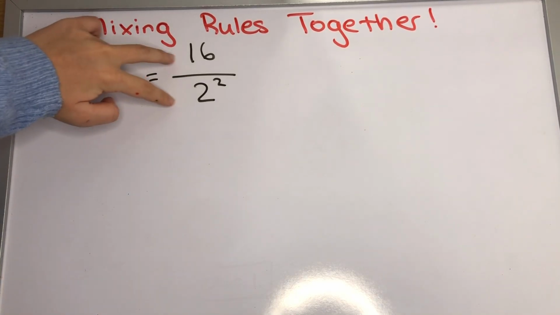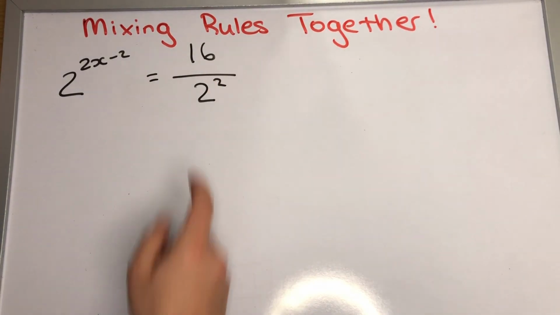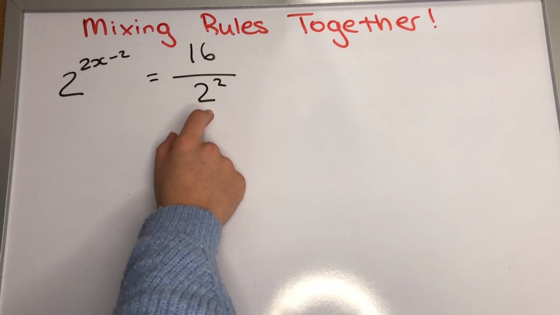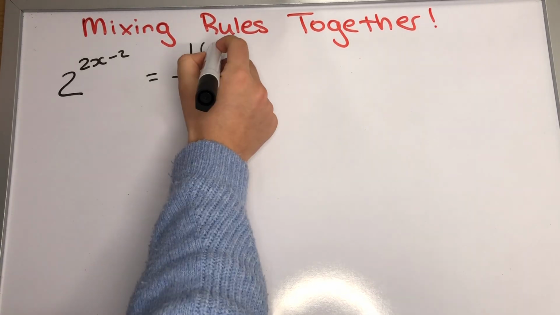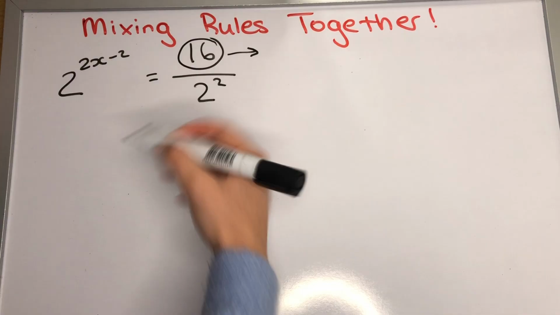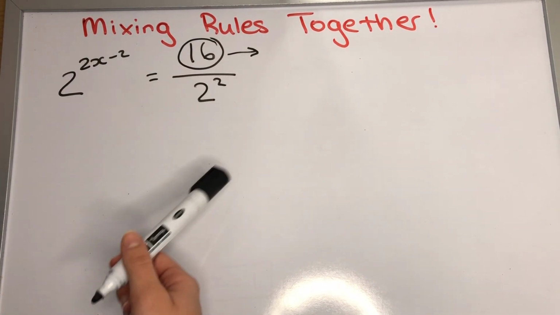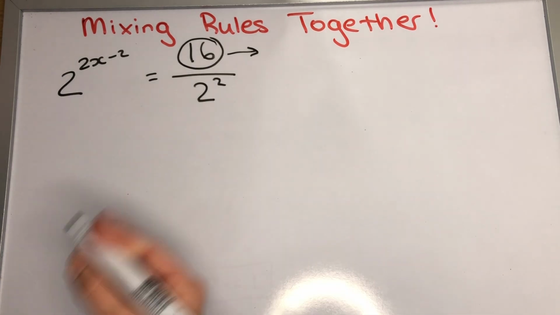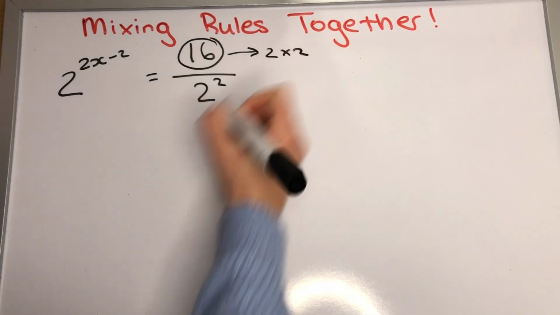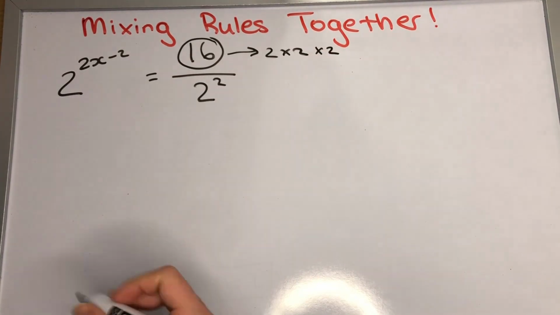Well, 16 all over 2 squared, well, what is there to do? The bases aren't the same. So therefore, we have to make this 16 into the base of 2. How would we do that? We simply ask ourselves, how many times the number 2, because that's the base that we want to turn into, how many times does 2 have to be multiplied to get 16? So 2 by 2, well, that's 4, and 4 multiplied by another 2, that's 8.